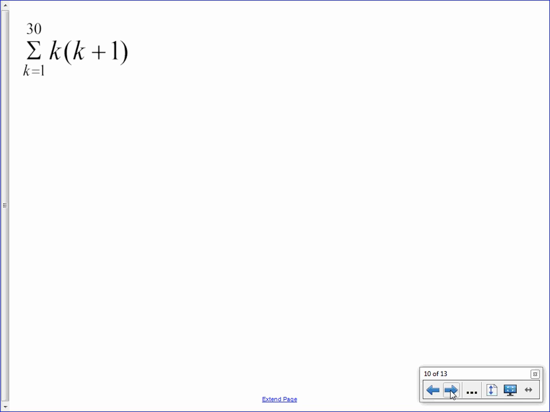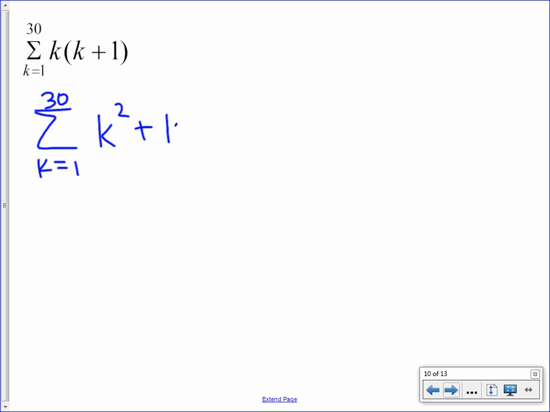Now, something like this. It's already factored out. k squared plus k. I like distributing it. So k equals 1.